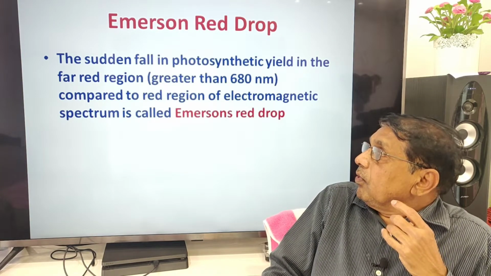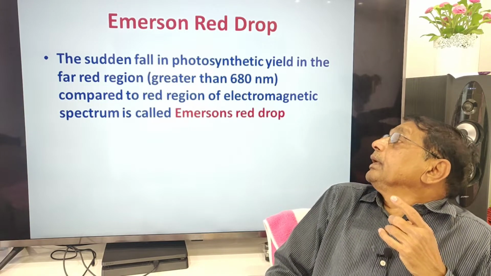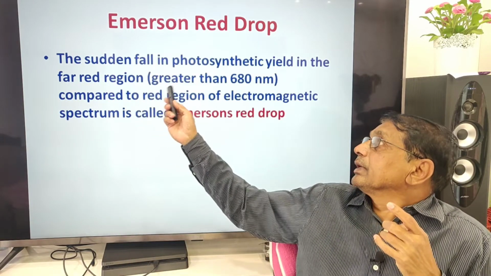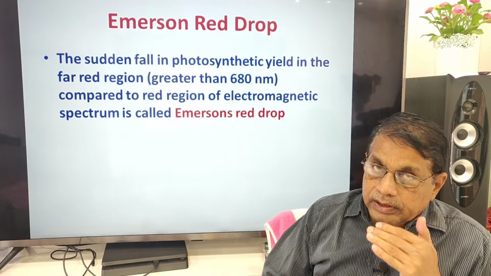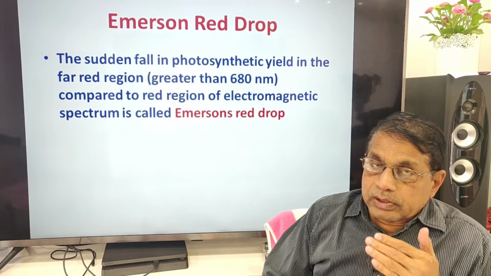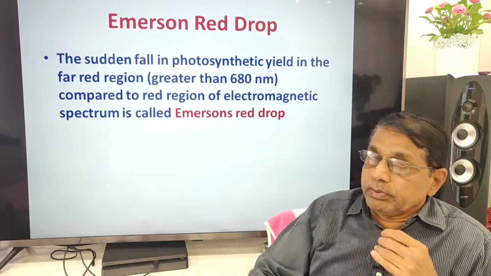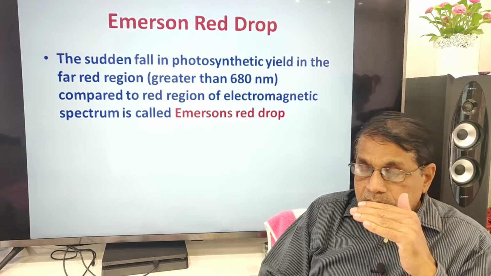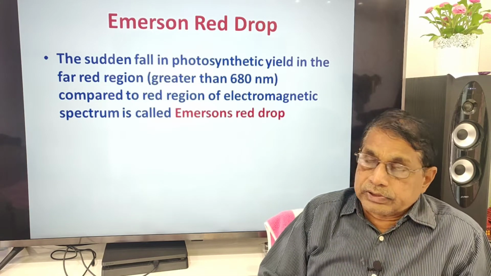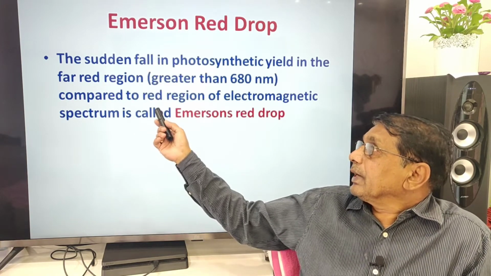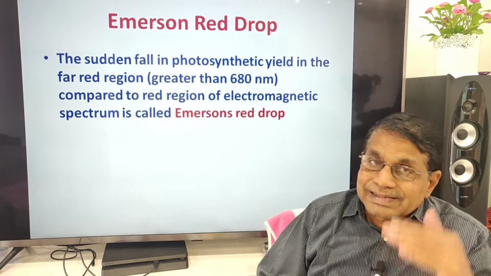The sudden fall in photosynthetic yield in the far red region, greater than 680. When green plants or chloroplasts are exposed to light of more than 680 nanometers, he observed that the photosynthetic rate suddenly fell, compared to the red region of the electromagnetic spectrum, less than 680.